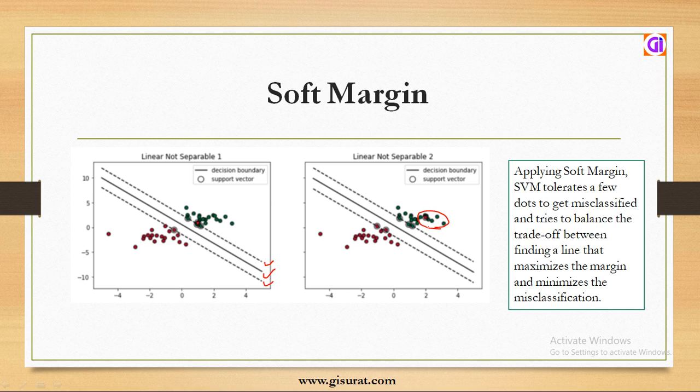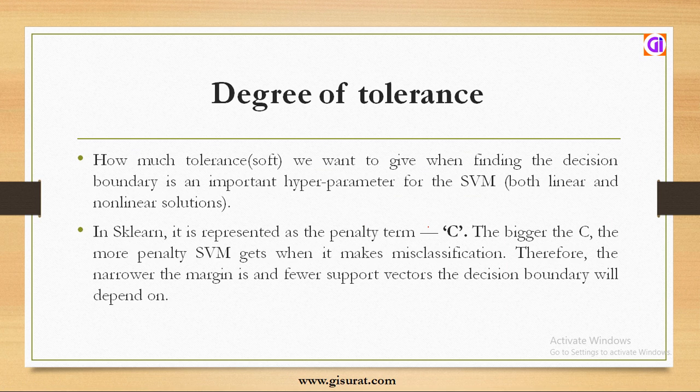parameter tuning. That is the value of C. You can manage the value of C to manage the tolerance level. But as you increase the value of C, guys, it depends on the C value, and as you increase or decrease it, you have to compromise on the performance or accuracy of your SVM.